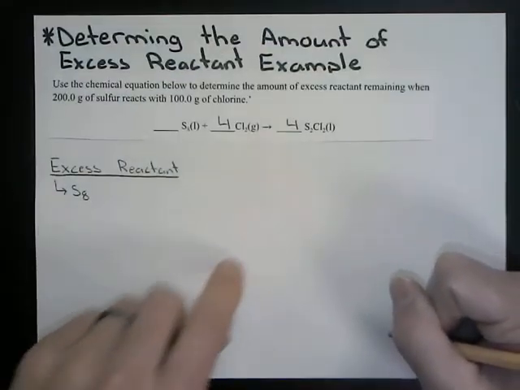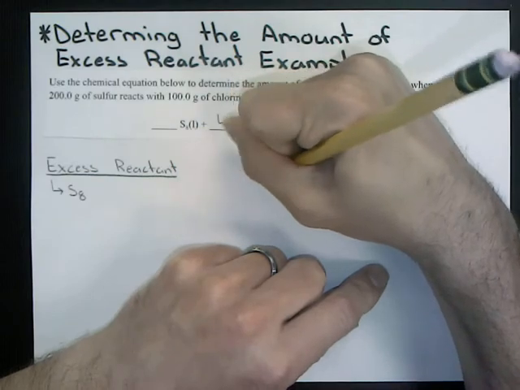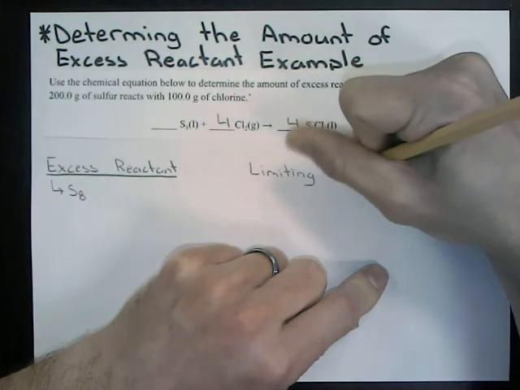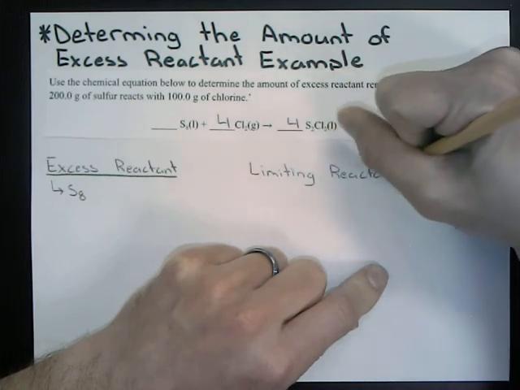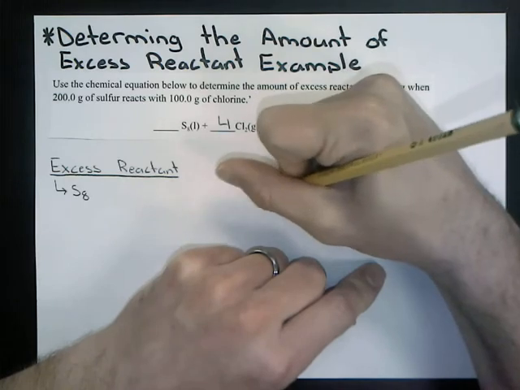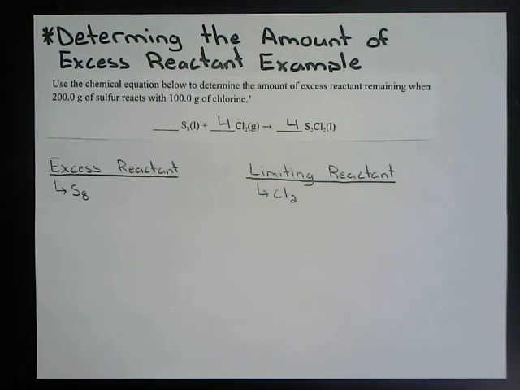And our limiting reactant is our chlorine, or Cl2. And again, I'm not going over this because we've already done this problem. You can reference back in notes what we did mathematically to determine that Cl2 was the limiting reactant.